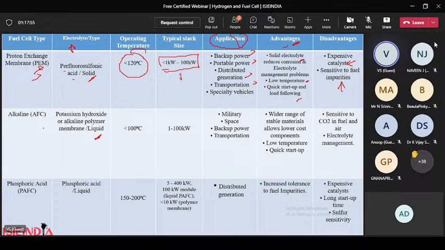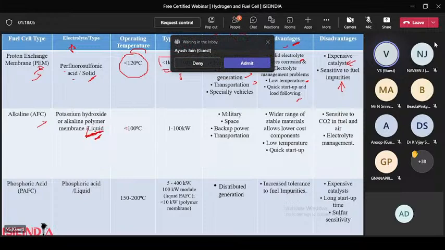Now coming to the alkaline fuel cell, AFC. The alkaline fuel cell has a liquid electrolyte. Its operating temperature is less than 100 degrees centigrade, and the stack size is 1 to 100 kilowatt. The applications are in military, space, backup power, and transportation. The advantage is that a wider range of stable materials allows lower cost of components.